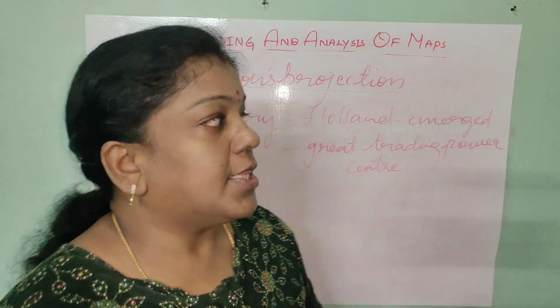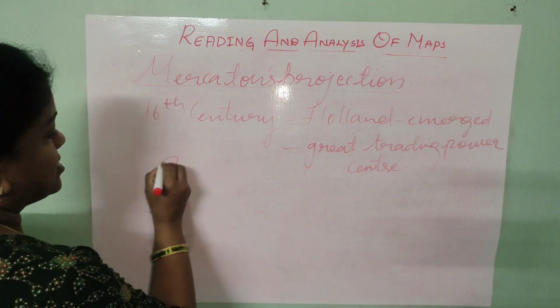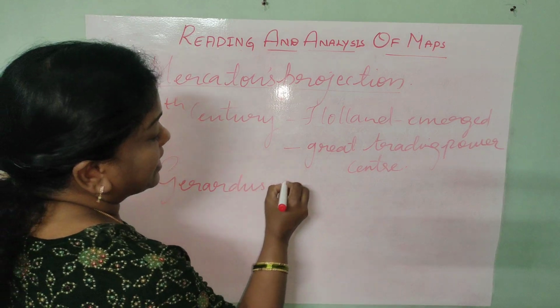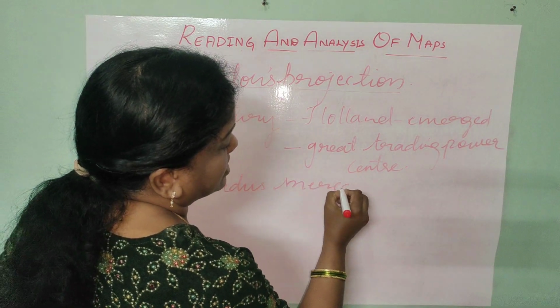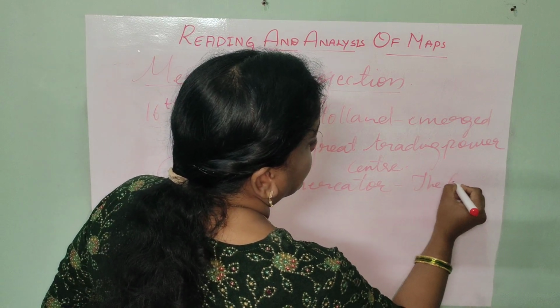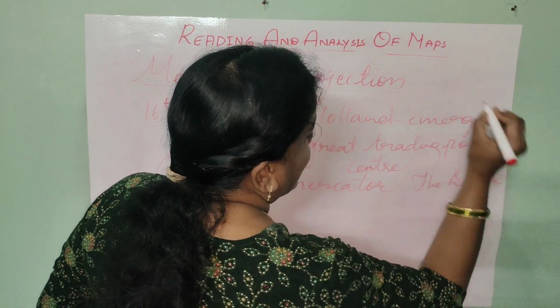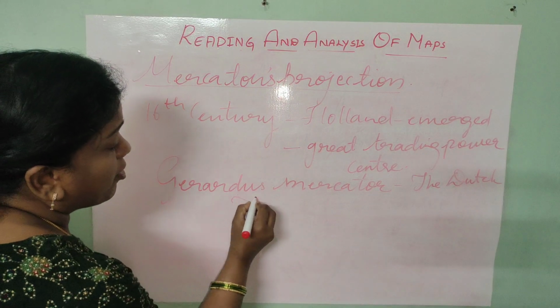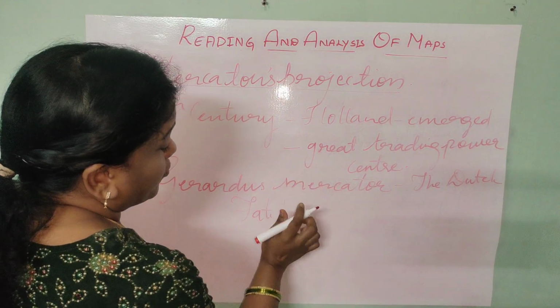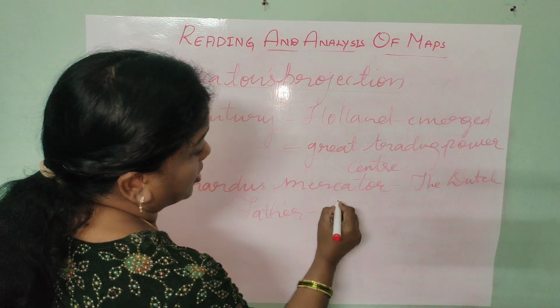But here, the person Gerardus, what is his name? Gerardus Mercator. Gerardus Mercator, the Dutch, is titled the father of Dutch cartography.